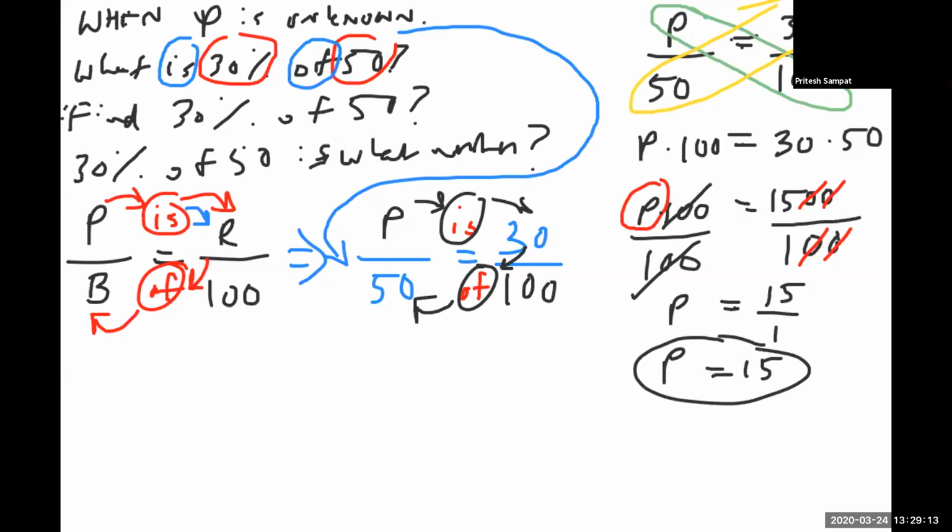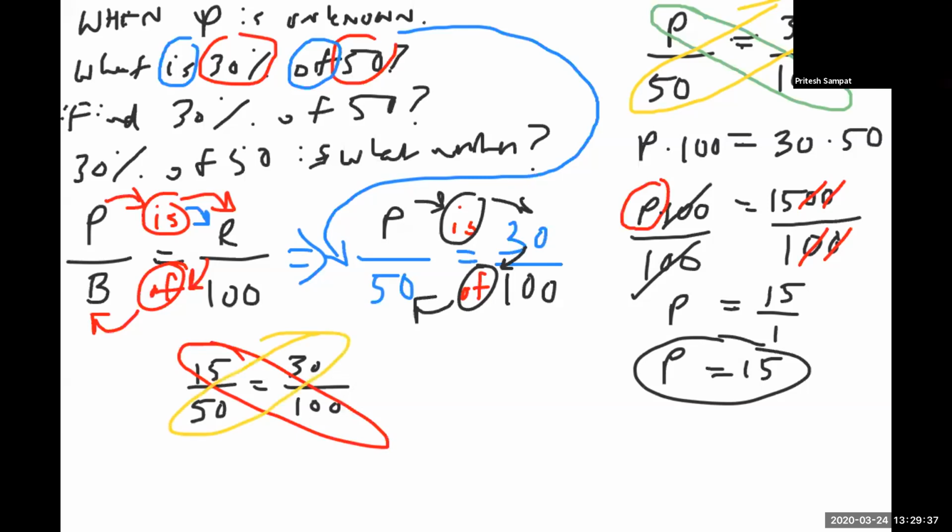I plug this back into the equation, and I have 15 over 50 is equal to 30 over 100. And now if I cross multiply these, they should be equal.